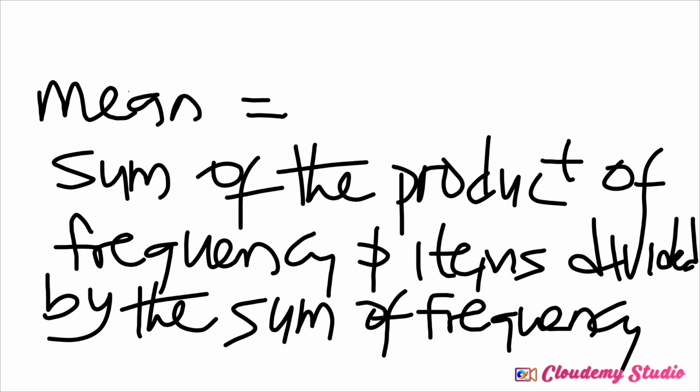When you have the table, when you have frequency involved, mean is equal to the sum of the product of frequency and items, that is, you multiply the frequency times the items, then sum it, divided by the sum of the frequency. Let me say it again: the sum of the product of the frequency and items divided by the sum of the frequency. So let's do an example.